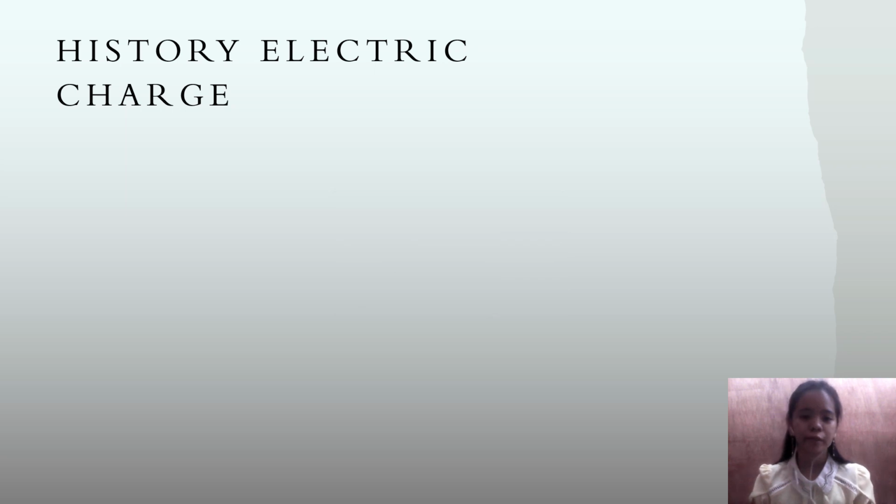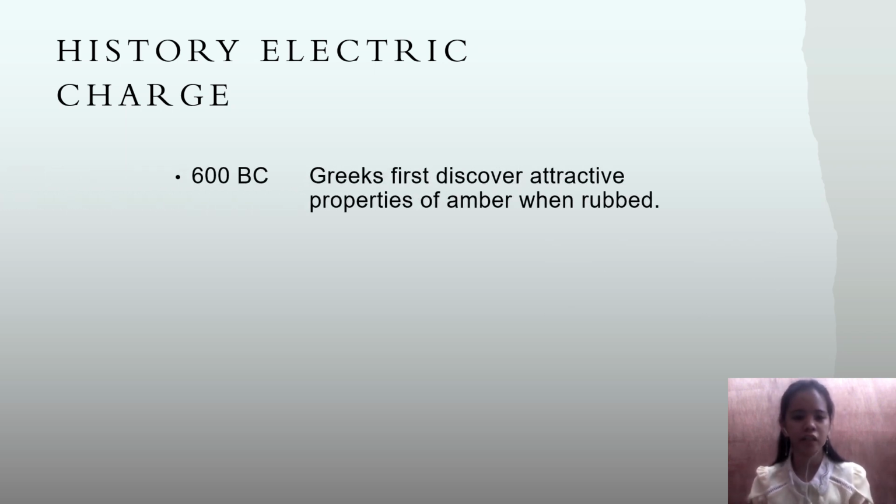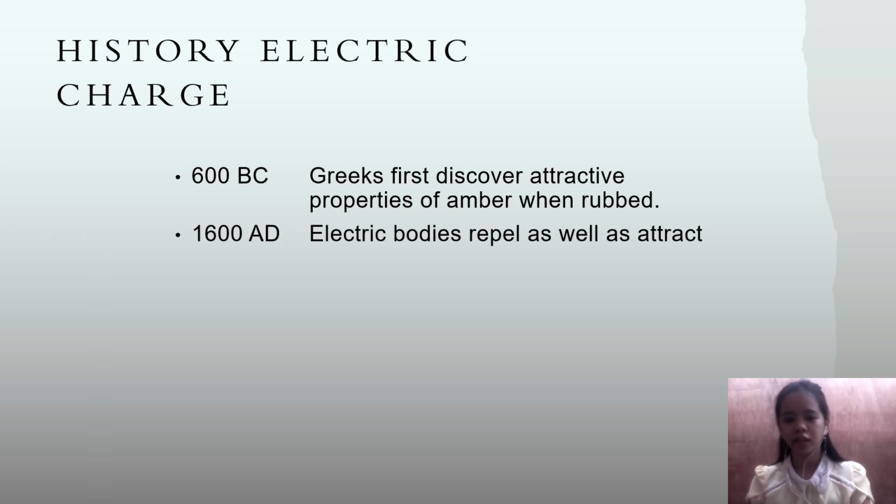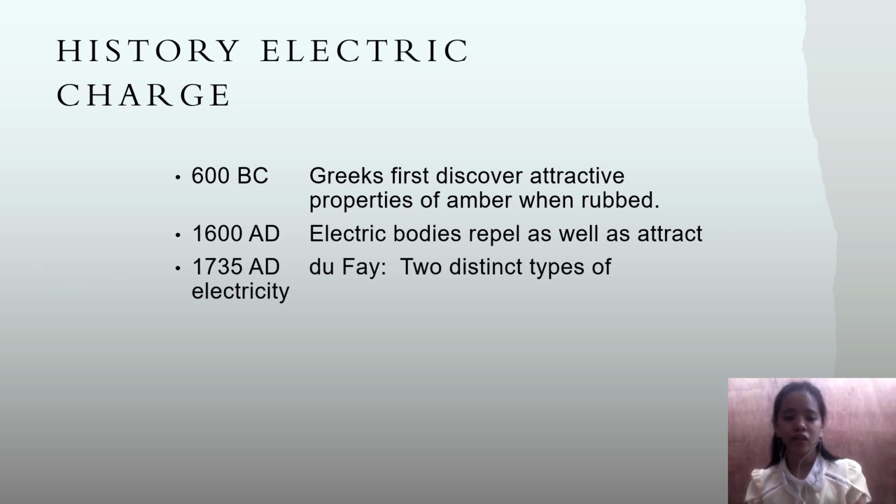So let's first talk about history. The history of electric charge: in 600 BCE, people first discovered the attractive properties of amber and rock. In 1680, electric bodies were referred to as well as attract. In 1725 AD, Dufay found the two distinct types of electricity.